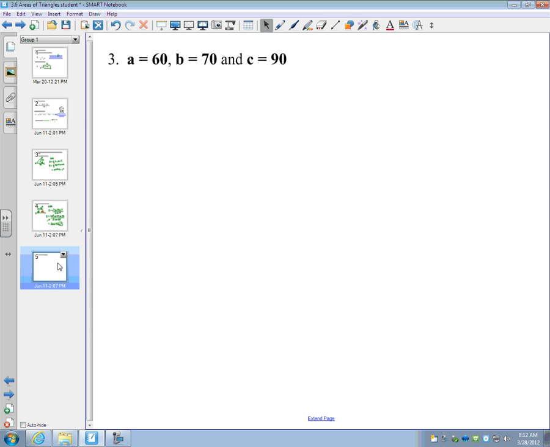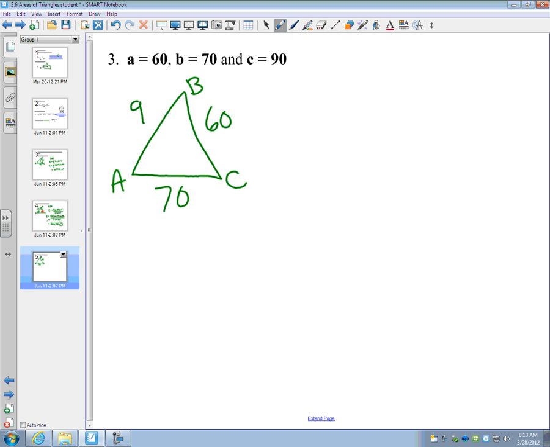And finally, we have a triangle with A equals 60, B equals 70, and C equals 90. So A, B, C. Doesn't really matter how I draw this. All that matters is A is 60, B is 70, and C is 90. So this is obviously side, side, side.